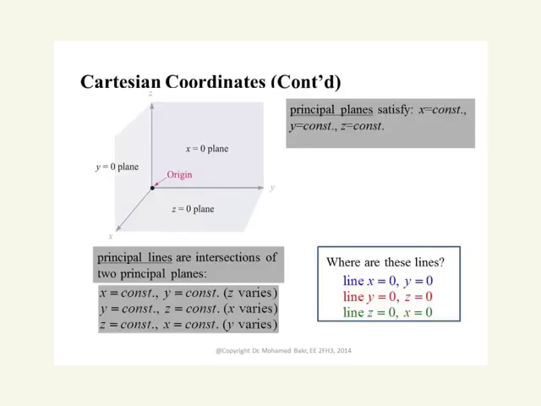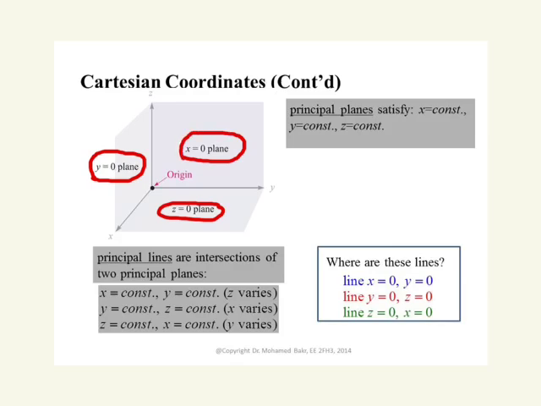There are three principal planes in the Cartesian coordinate system. The first plane is the z equal to 0 plane, which is the xy plane. The second one is the y equal to 0 plane, which is the zx plane, and then the third one is the x equal to 0 plane, which is the zy plane.